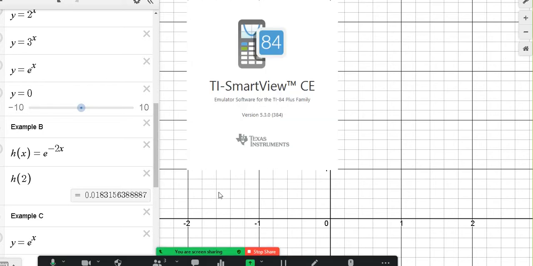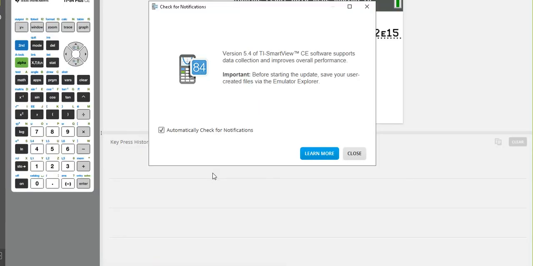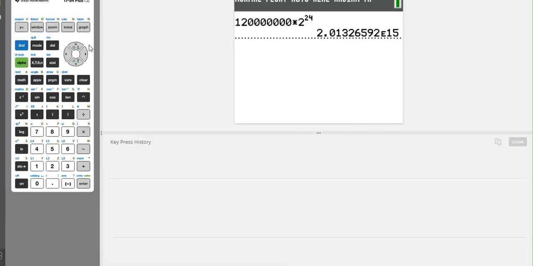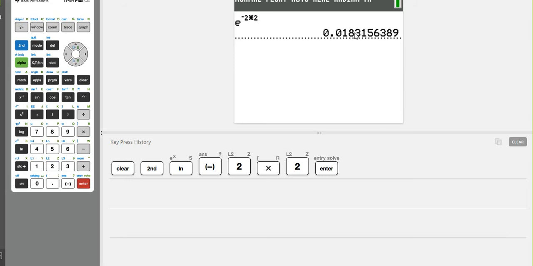So let's take a quick look at it on our graphing calculator. On the graphing calculator, you need to hit the second key and then the ln key to get to the exponential function. So second ln, e to the negative 2 times 2, bam, there you go.